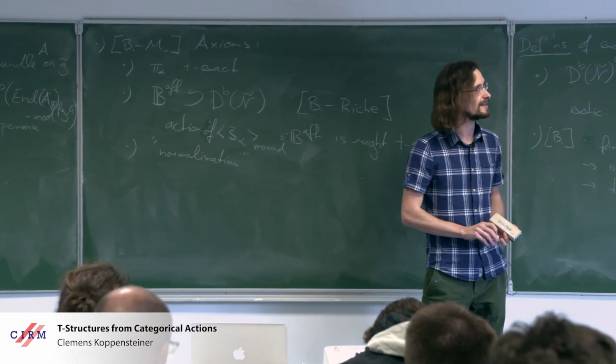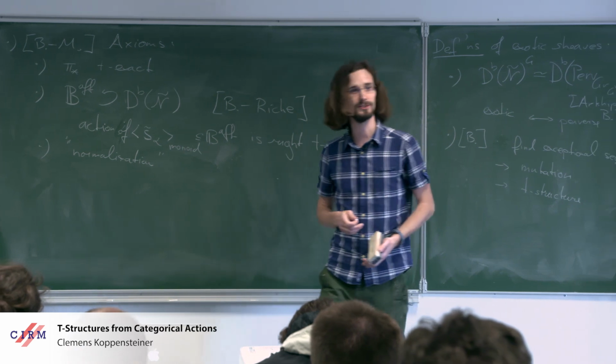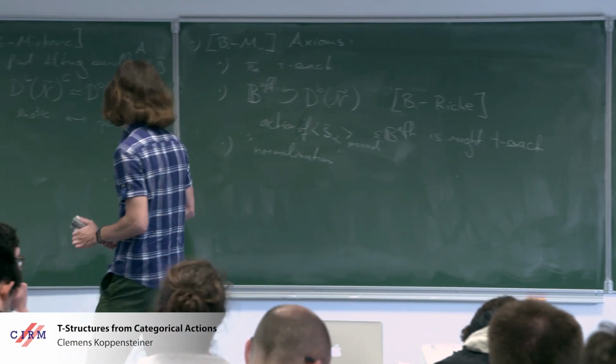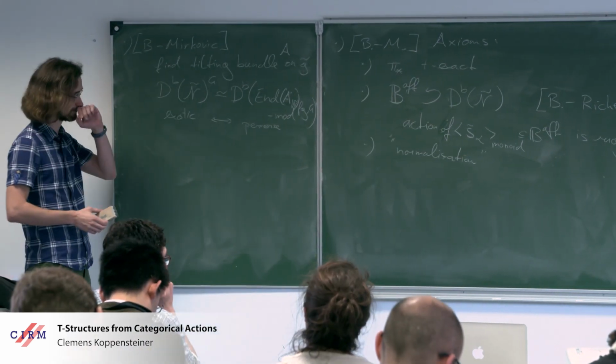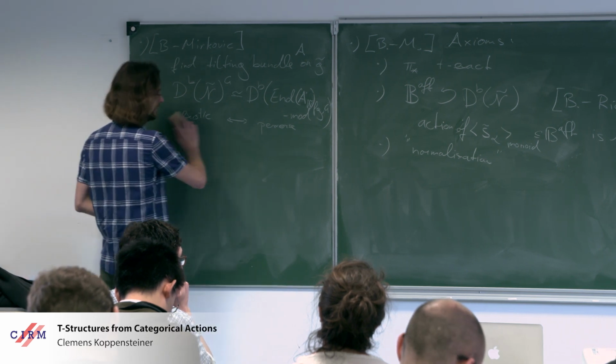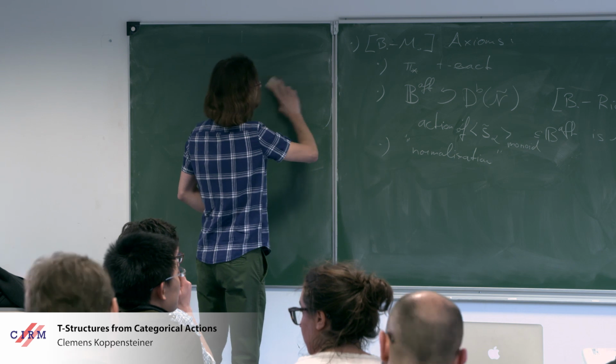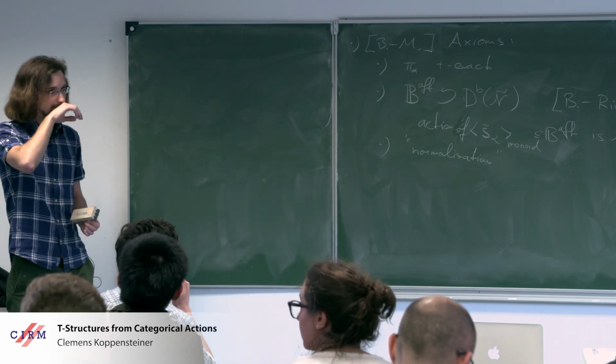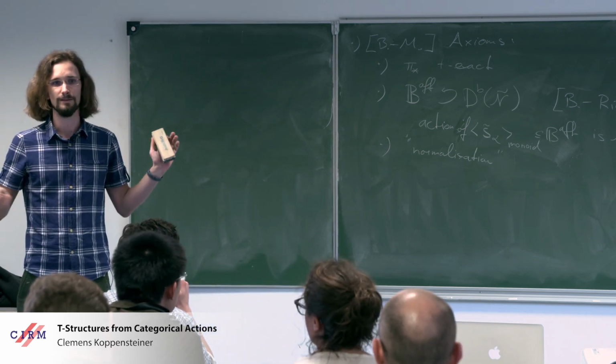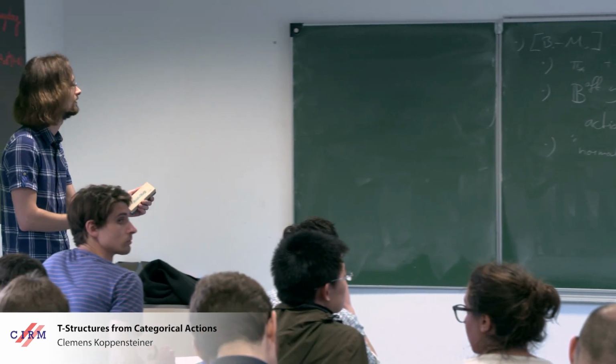All right, and as the title of the talk suggests, our braid group actions will come from categorical actions. And maybe as my co-author suggests. So any questions so far, motivation-wise?